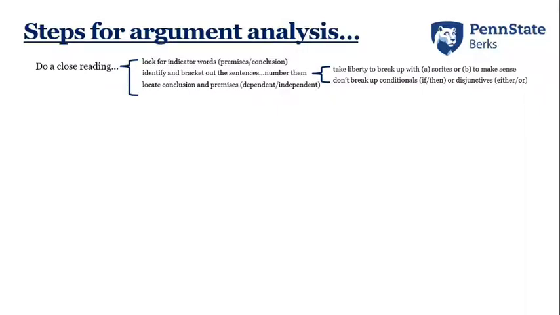And now we've circled our indicator words. Now let's locate those premises, the conclusions and such. And then we're also going to keep in the back of our mind, are these premises dependent on each other to reach the conclusion, or are they independent of each other to reach the conclusion? And then we're also going to determine any missing premises, those enthymemes. And along with that, we're going to remove any unnecessary material.